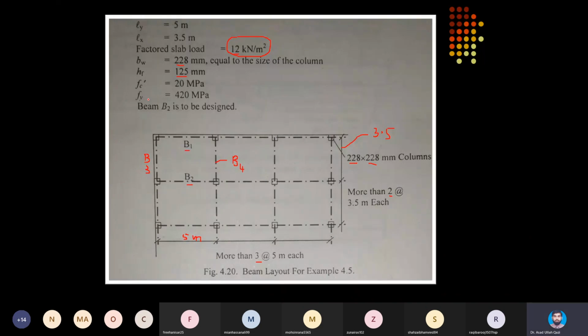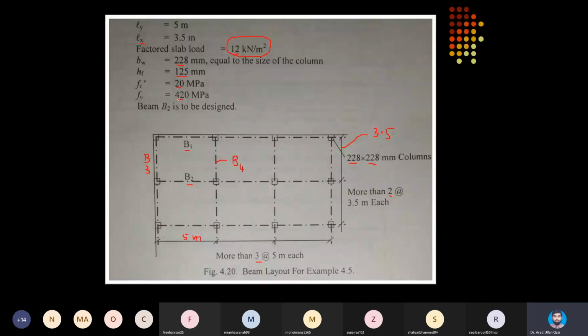So bw of the beam is exactly equal to the width of the column. It is proposed. So short span is given the notation Lx, 3.5 meter, and long span Ly. Material strengths are also given, 20 and 420 megapascal for concrete and steel respectively.